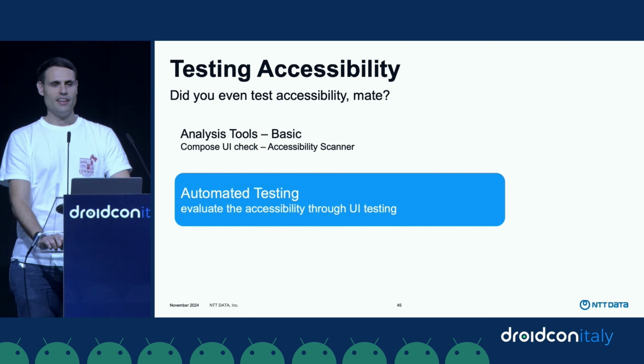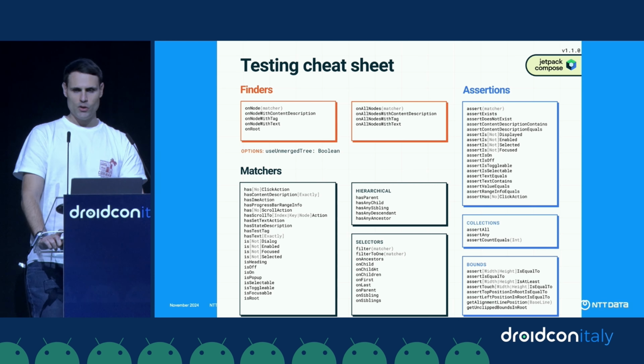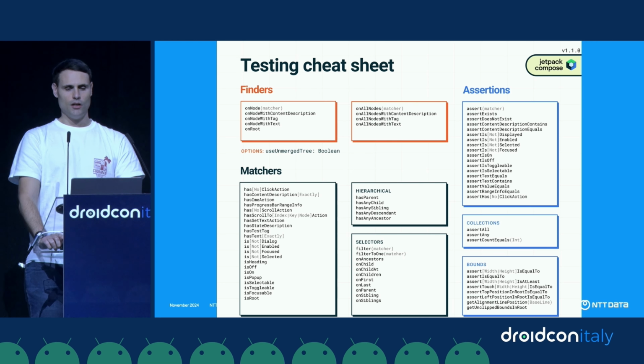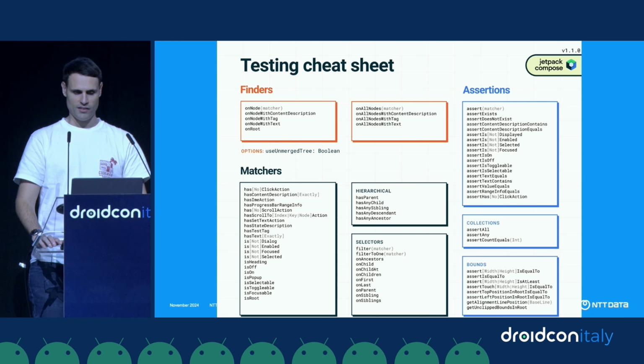Then we can test with automated testing. We have UI testing for the test cases. This is not mainly meant to check for accessibility, because these finders, matchers, and assertions are used for pretty much normal UI tests.